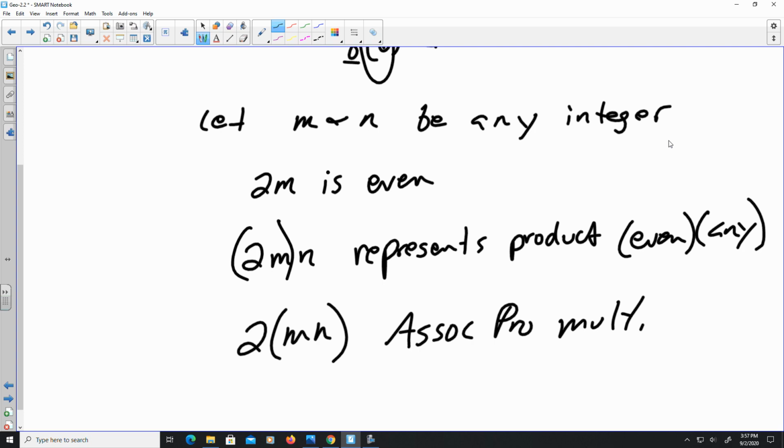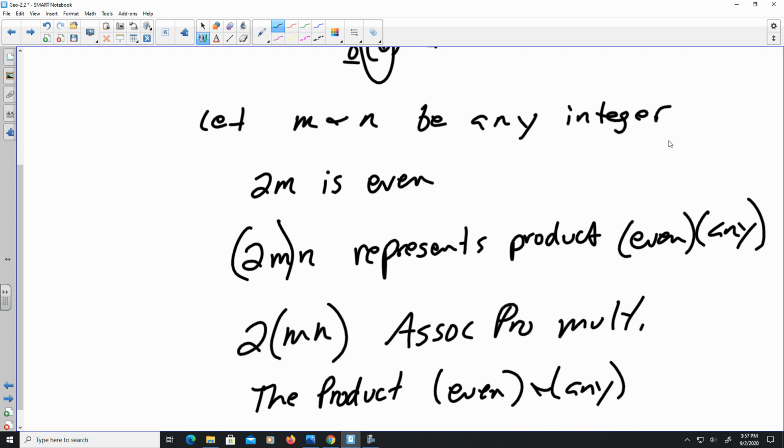And whatever the product of that is multiplied by 2 is going to be an even number. So that's where I can say that the product of an even and any integer equals an even. So this is kind of the steps that you'd have to take from that.